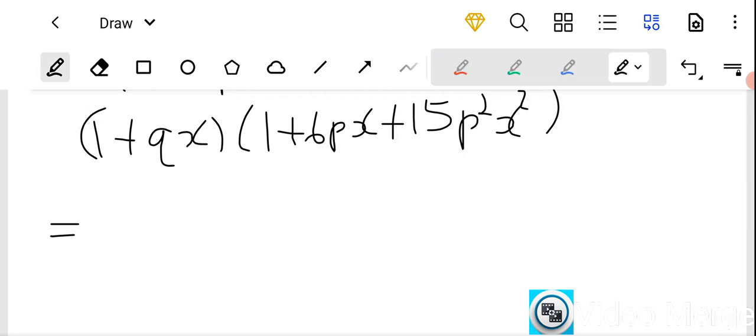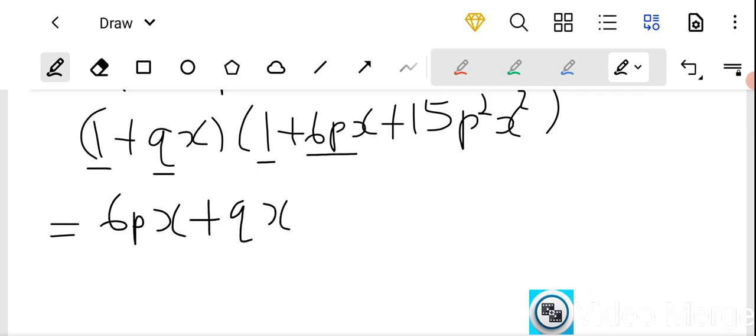So this 1 times 6px will have a 6px, and then we have this qx times a 1 will have plus qx, and then we have this same 1 again times, in this case, a 15p squared x squared, so it will have a 15p squared x squared, and then this qx right here times a 6px right over there.